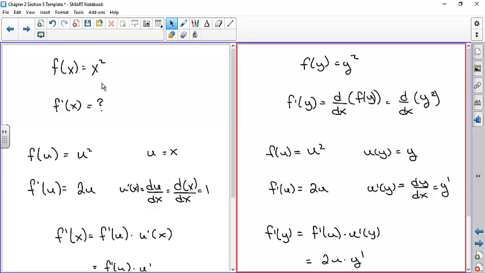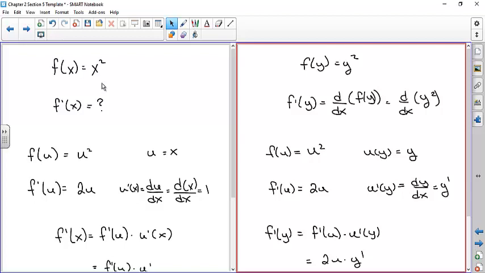Now, over here, I have f of y. So the thing I'm taking the derivative of is not a function of x, but is a function of y. So I want to do the same kind of deal and use the chain rule. F of u is still u squared, but instead of u being a function of x, u is actually a function of y.